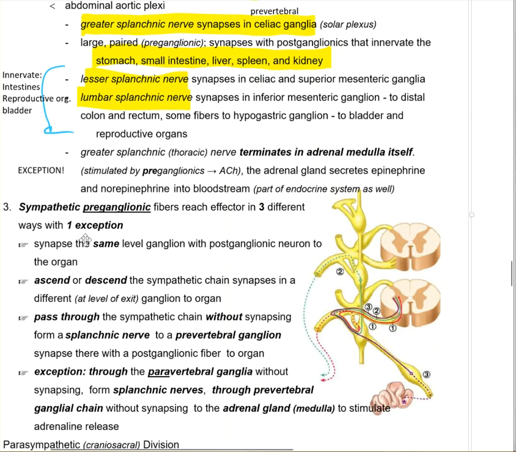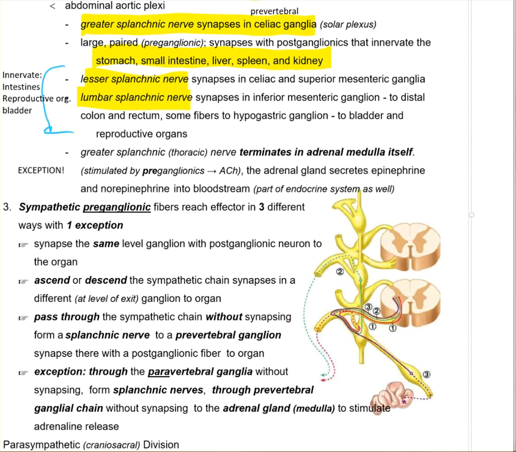sympathetic fibers always go out the spinal cord and have short preganglionic fibers, and then they synapse in either a para or a prevertebral ganglia, and then they go out from there along a postganglionic fiber to the organ.